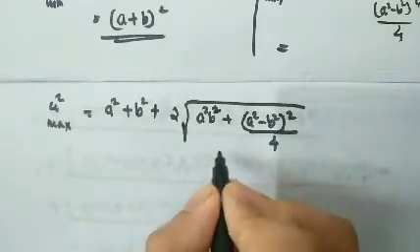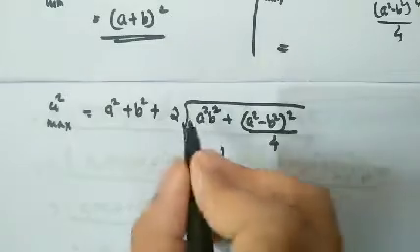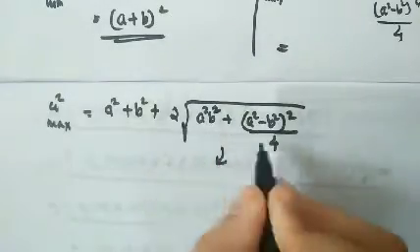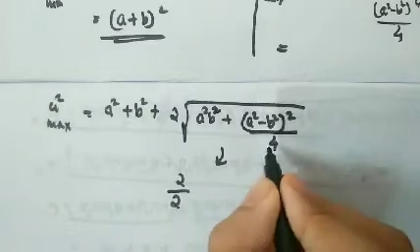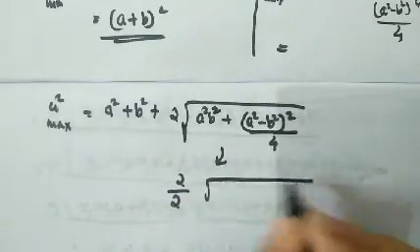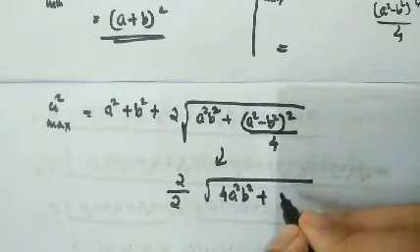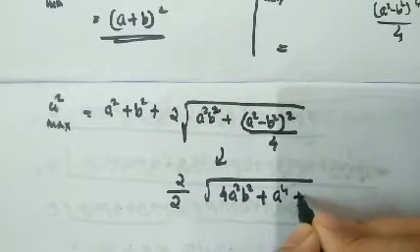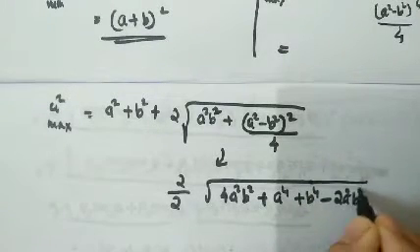Here I will take 4 as LCM, then root of 4, here 2 will come, so 2 by 2 will be there. I am taking root 4 outside, and LCM I took as 4. So what will I be having? 4a square b square will be there here, and here a raised to 4 will be there, b raised to 4 will be there, minus 2a square b square will be there.